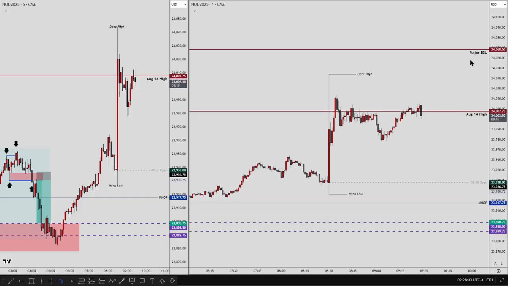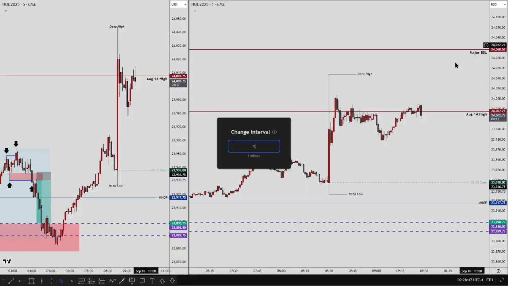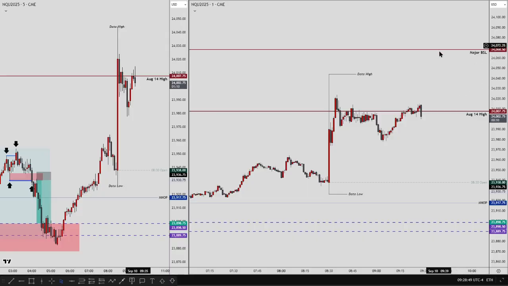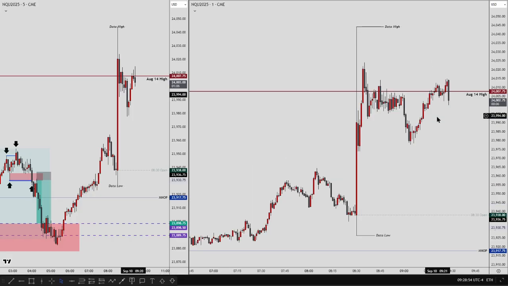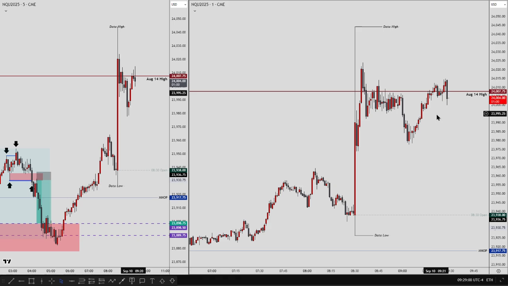But we do have that major buy side liquidity on the daily chart, which is the all-time high. So if you just look at your charts and you go to all-time high, it's that one, which we could trade into. You don't really want to be selling around all-time highs. If it was me and I was looking for a trade, I would want some form of manipulation into an area of support before trading at all-time highs.